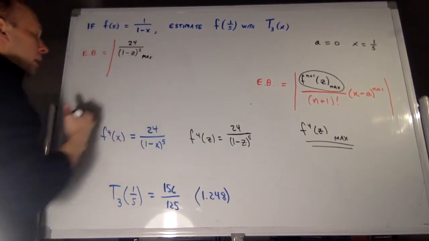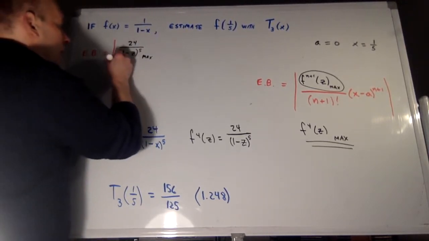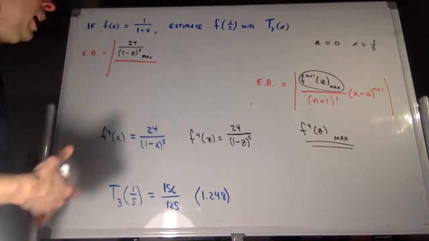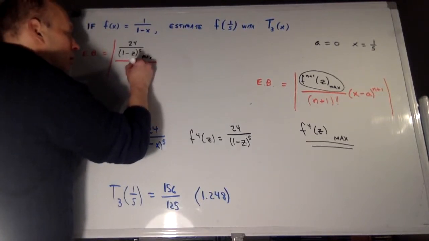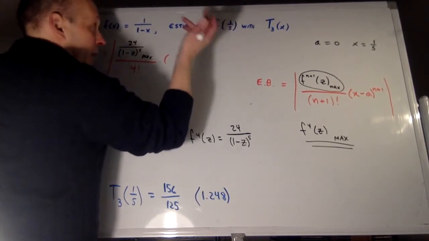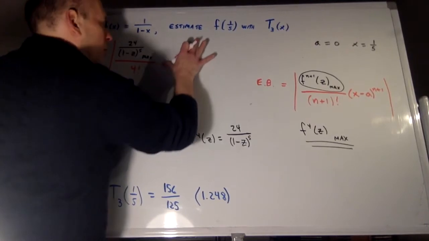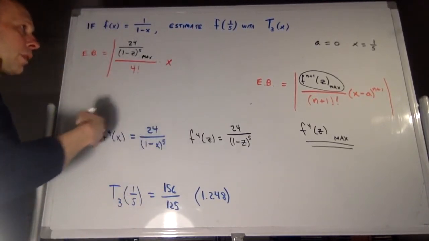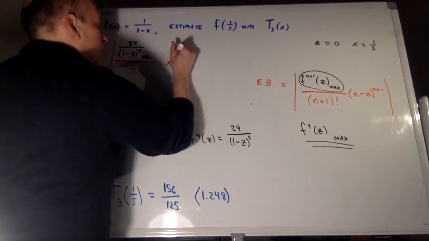That's what we really want there. Over n plus 1 factorial. So remember, n for us was 3, right? I think I erased it, but yeah, n was 3 for us. So this is going to be over 4 factorial times x minus a. And again, a is 0, right? We're centered at 0, so it's really just x here. Raised to the n plus 1. Again, for us, n was 3, since we went 3 terms in, right? So n plus 1 is 4, so x to the fourth.